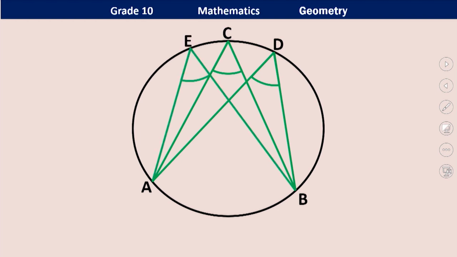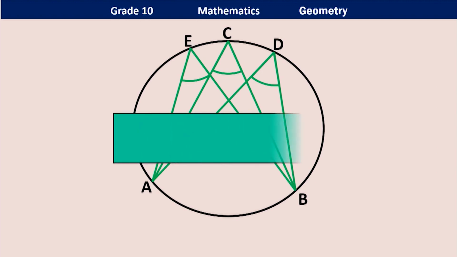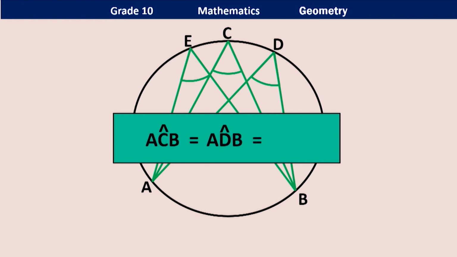Once again, I am going to subtend another angle on the remaining part of the circle by the minor arc AB. Here I can say the magnitude of angle ACB is equal to the magnitude of angle ADB, which is also equal to the magnitude of angle AEB.